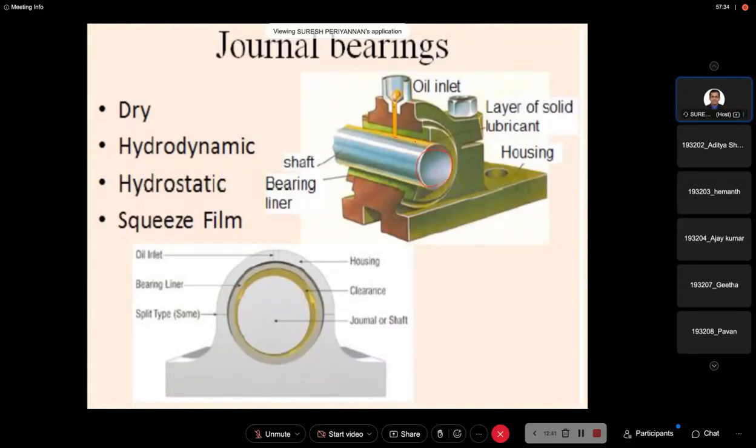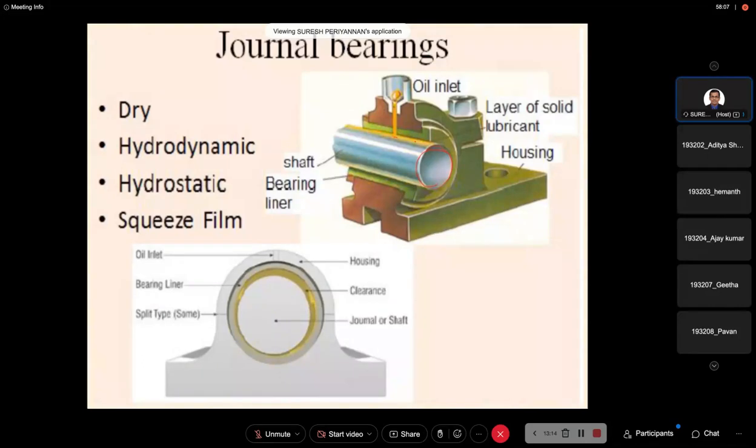So, how do we use the table to define our journal radius, minimum oil film thickness, coefficient of friction variable, flow variable, and pressure ratio, right? We discussed those things. Now we need at least two parameters. One is the length to diameter ratio of the journal, which is very important.